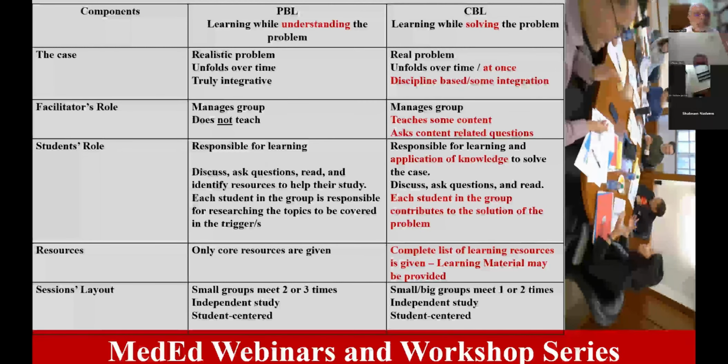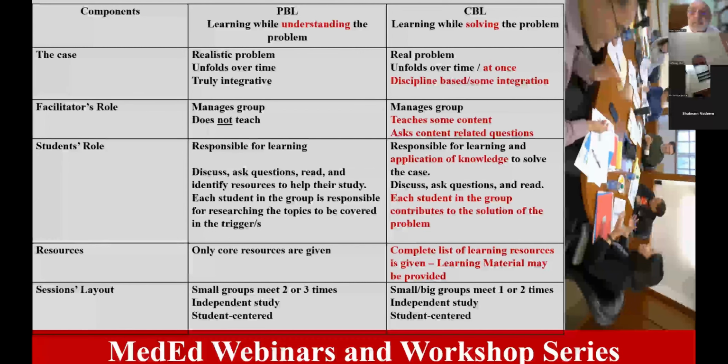Coming to the facilitator's role. The facilitator, of course, manages the group. In a PBL session, they are not supposed to teach. They are simply there to guide the students to the learning without contributing in teaching.